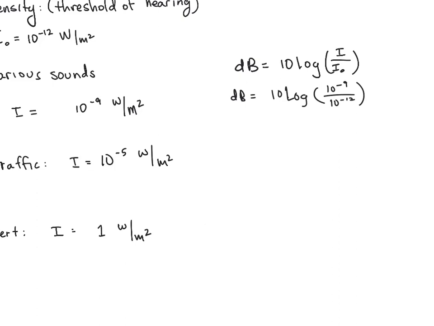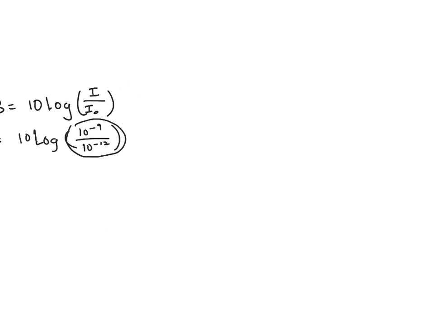Now when you're dividing terms like this, 10 to the negative 9 divided by 10 to the negative 12, when you're dividing terms that have the same base, remember you subtract exponents. So here's what I mean. 10 to the negative 9 divided by 10 to the negative 12. If you subtract exponents, it's 10 to the negative 9 minus negative 12, and that equals 10 to the third.